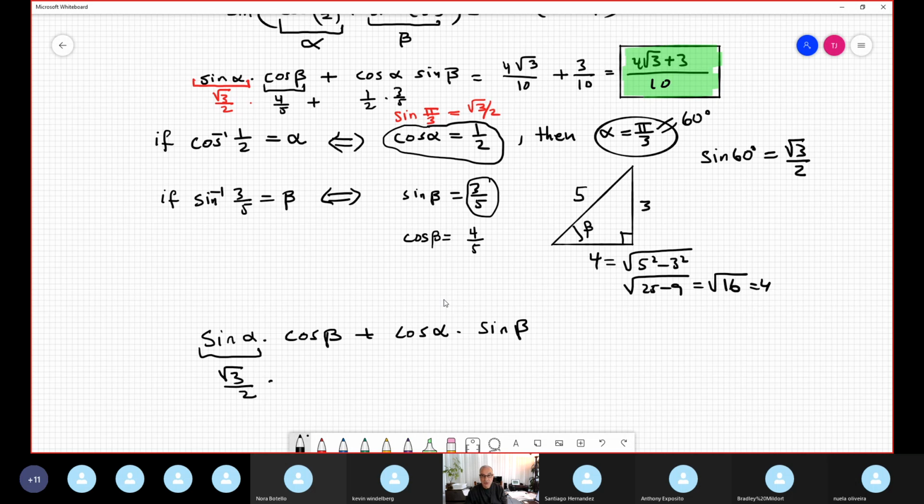So in the triangle, by definition cosine is the ratio between the adjacent side, 4, divided by the hypotenuse, 5. This is 4 over 5. Plus cosine alpha, well, cosine alpha I have, 1/2, at the beginning. And sine beta I have at the beginning also, 3/5. The rest is multiplication and addition. Yes or no? Super. Yes. Okay.